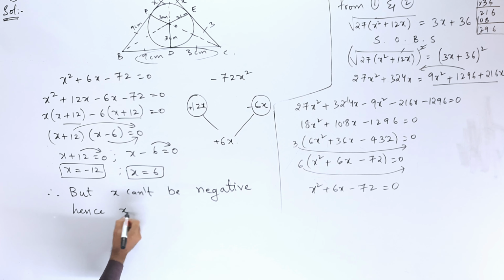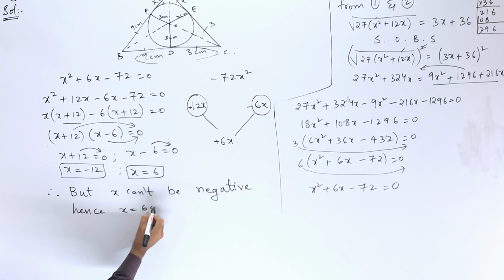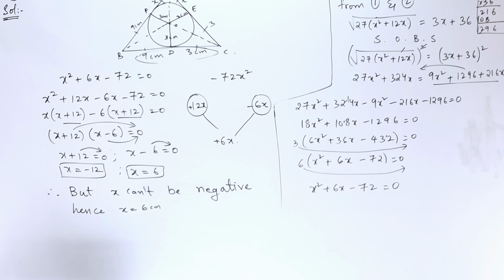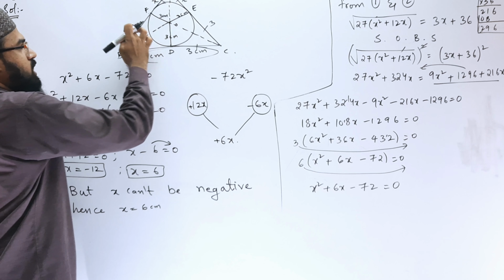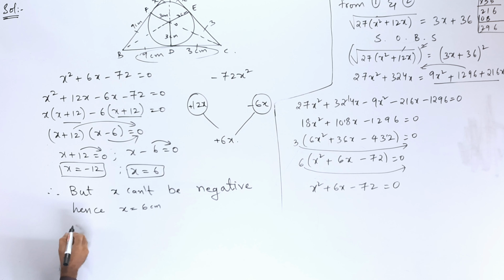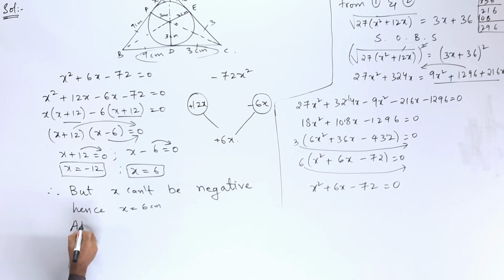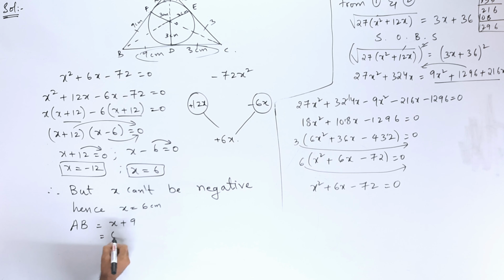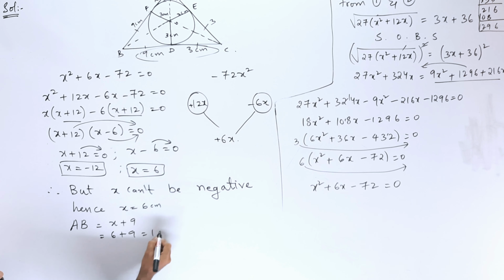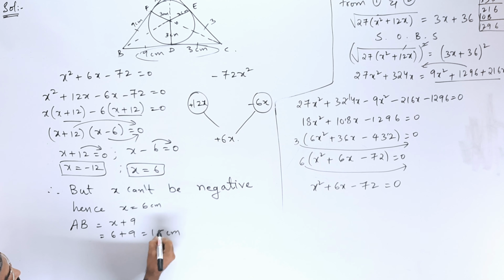Hence, x is equals to 6 centimeter. We have to find AB. For AB, it is x plus 9. AB is equals to x plus 9. So, x is 6 plus 9 is 15 centimeter.